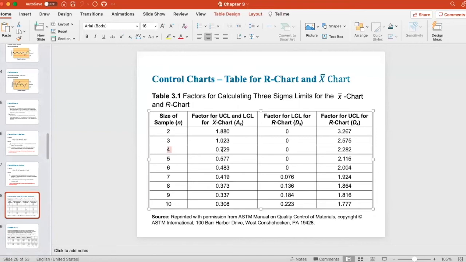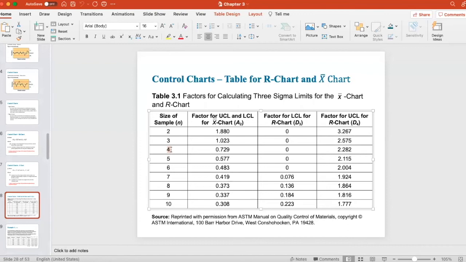Then you can look at the corresponding row: A2 will be 0.729, D3 will be 0, and D4 will be 2.282. So by using this statistical table, after we clarify what N is, we can get these values. N here represents the sample size.